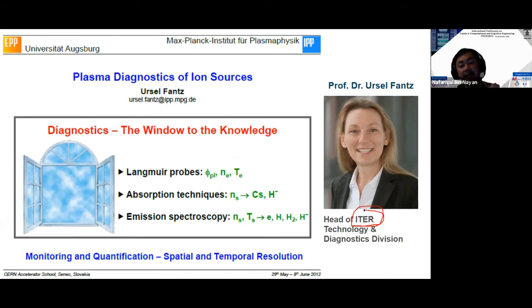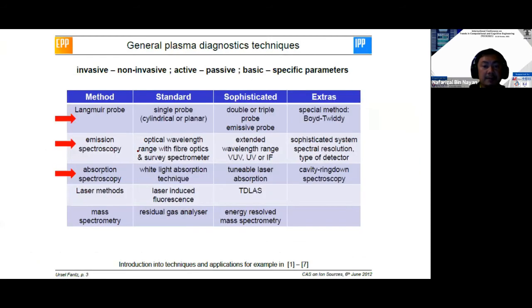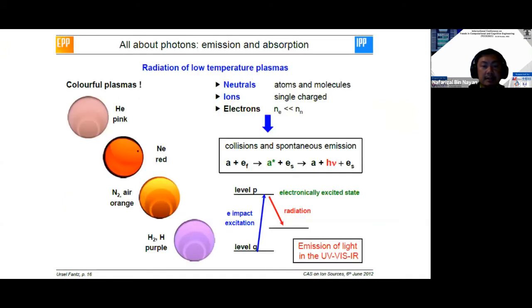They want to create a sun on Earth. This is a very big project, but they also need a lot of tools to understand it. That's why they also have a division on plasma diagnostics. I will just skip this, as the content has been discussed earlier.